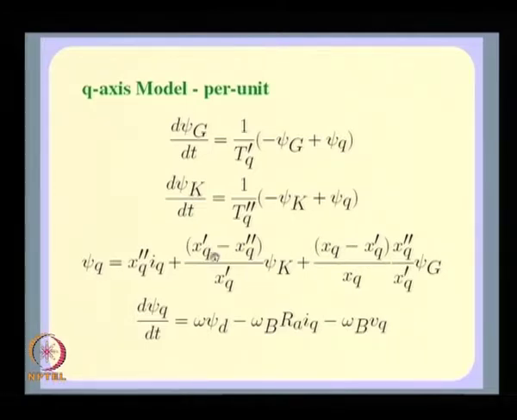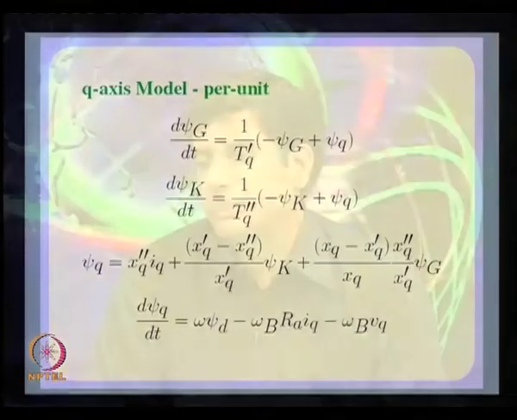So, there is no harm in just setting x q double dash equal to x q dash and removing the coupling which psi k has with the rest of the equations. So, this is a pragmatic way of making a program or tool written for the 2.2 model directly suitable for use with the 2.1 model. Just set x q double dash equal to x q dash.